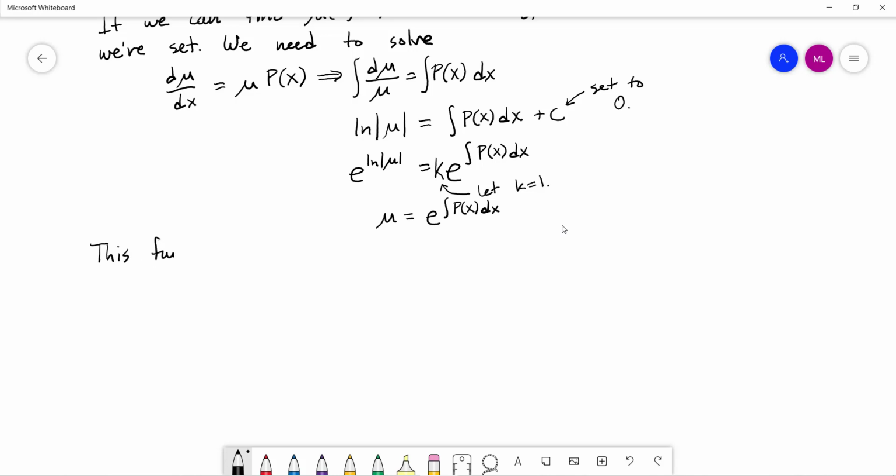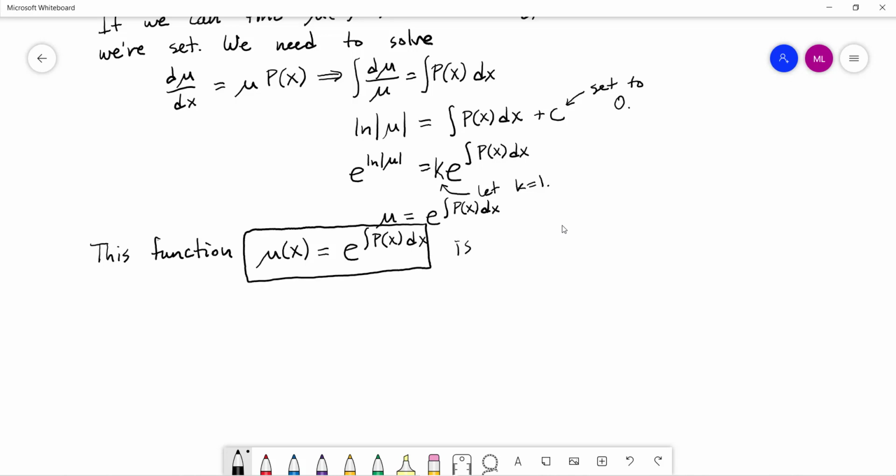So this function mu of x equals e to the integral of p of x dx, which I've got right here, is our integrating factor.